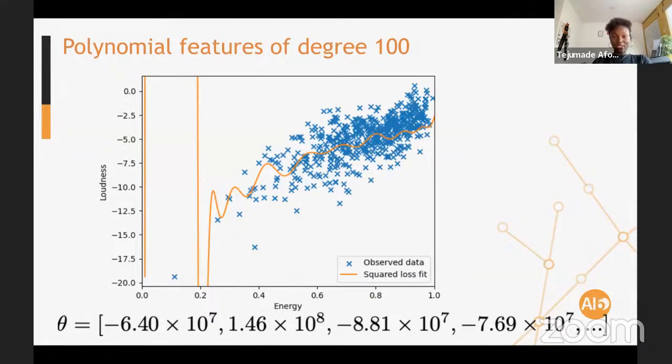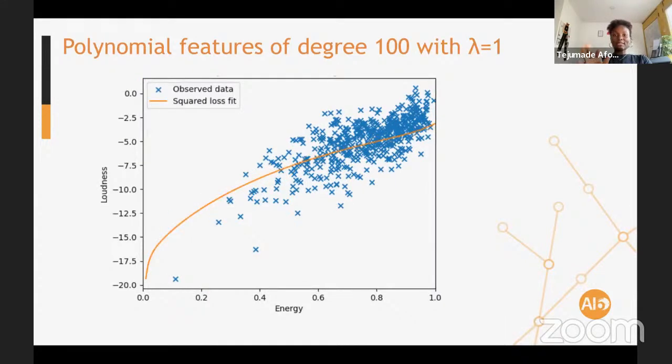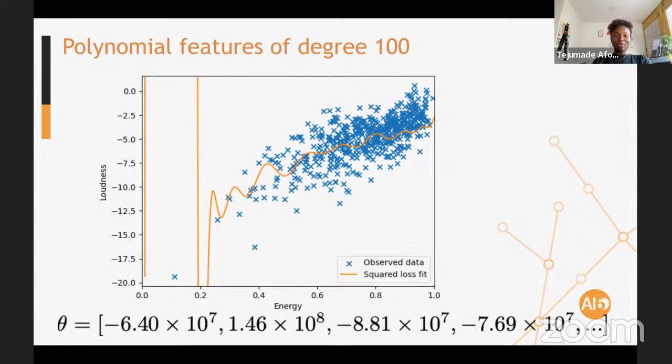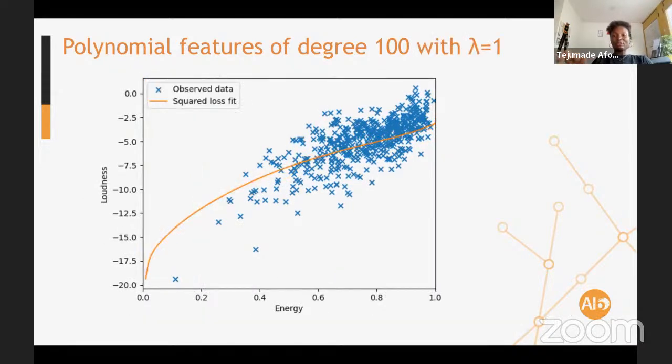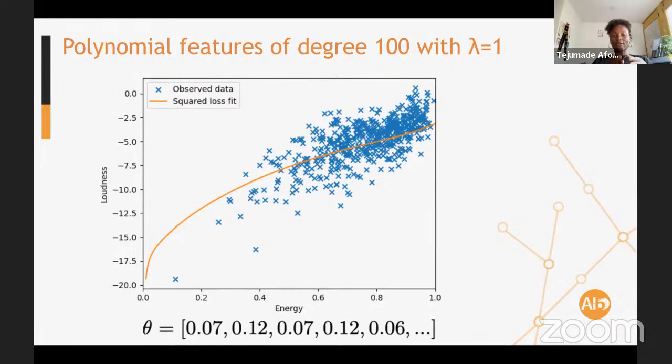This is very huge. The moment we penalize with lambda equals 1, the regularization parameter, you can see we went from this wiggly curve that overfits to a simpler model, which looks a little bit like a quadratic function, though not exactly. What is nice about this is that now you have very small weights.